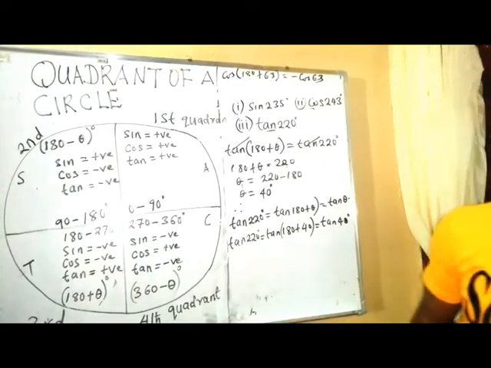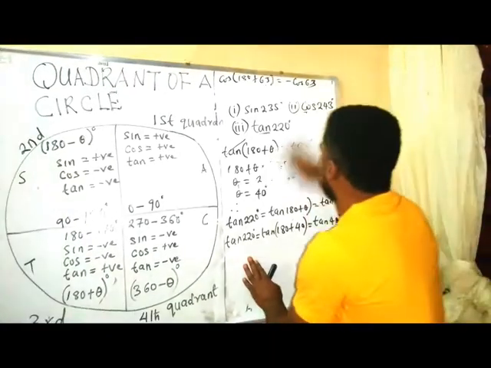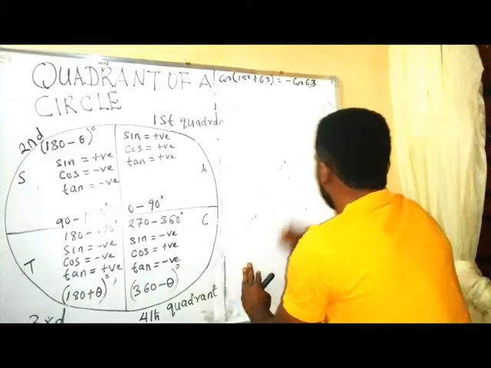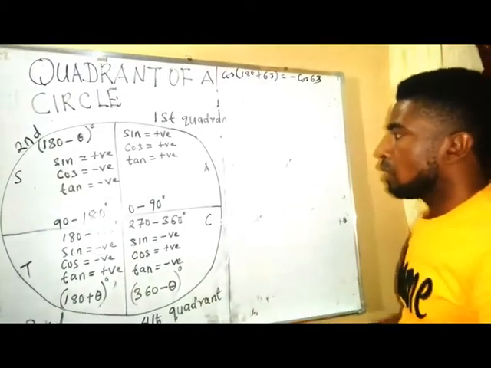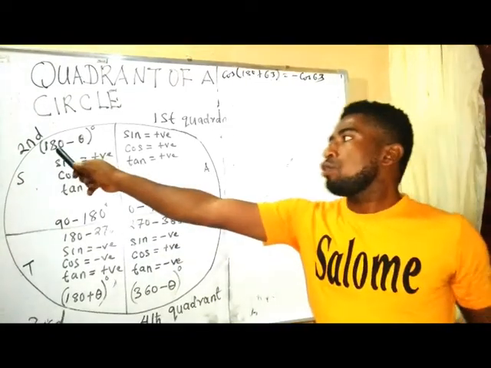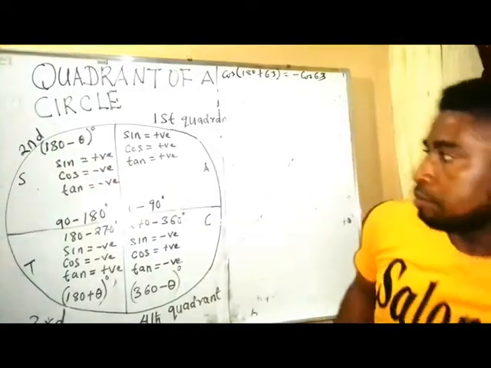So let me summarize. In summary, what I'm trying to say is this. Let me start from the second quadrant, where our range of angle is 180 minus theta.